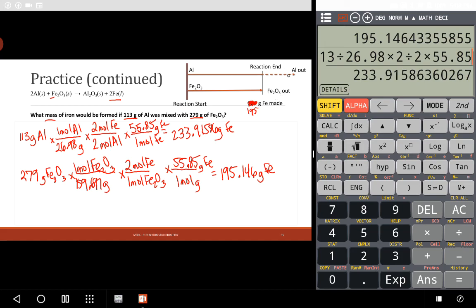And we had enough aluminum to keep going, but we're going to run out of our iron oxide. And so we're going to make 195 grams of iron because we need 3 sig figs.